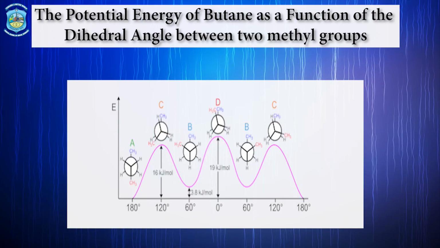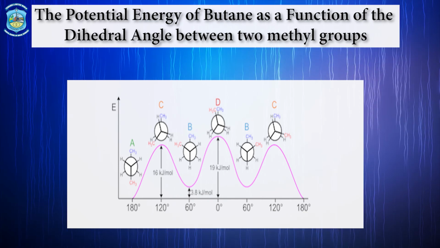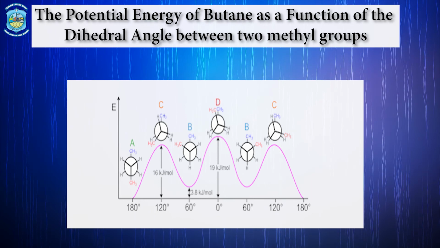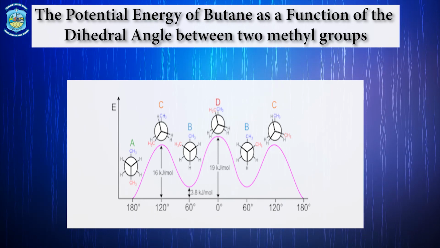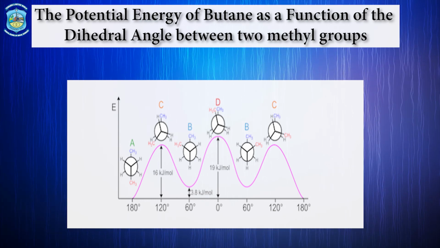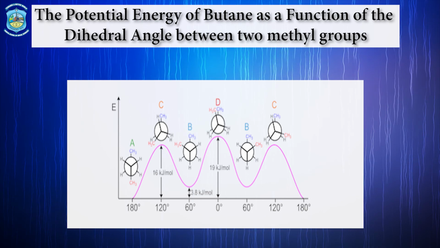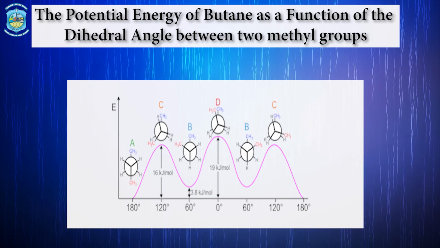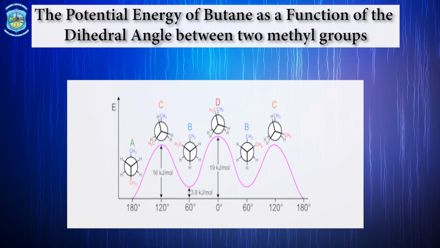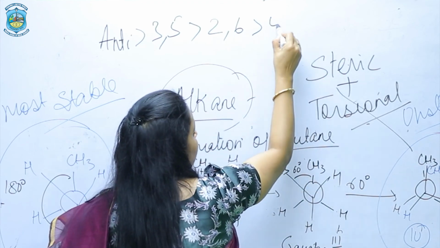So, now if I arrange them in the order of decreasing stability, I can say anti is most stable, then I can have structure number 3 and number 5, and then I can have 2 and 6, and then I will have fourth one.